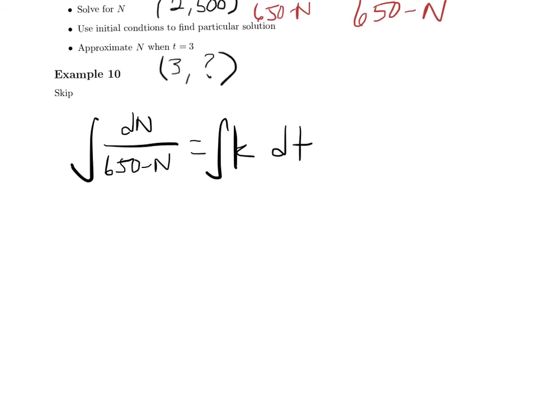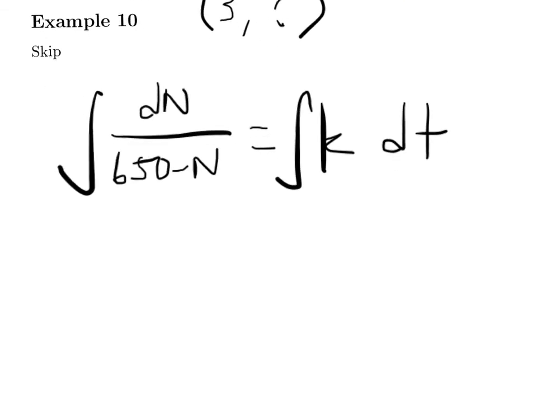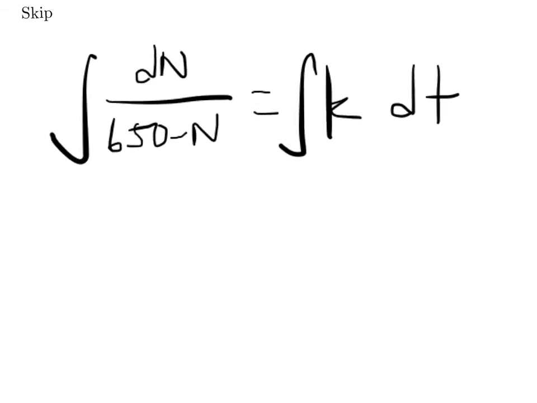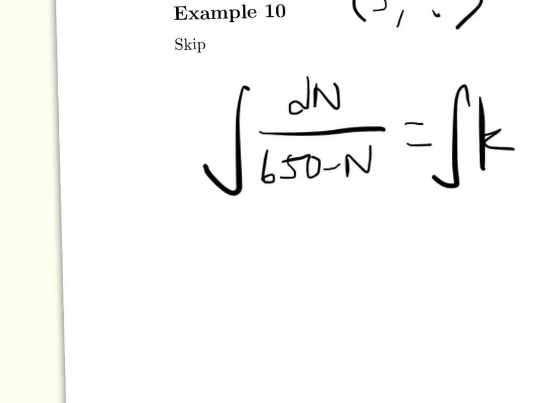What does the left side look like? It looks a whole lot like a natural log problem, right? Because the degree on the bottom is 1 less than the degree on the top. If the bottom is u, 650 minus n, what is du?